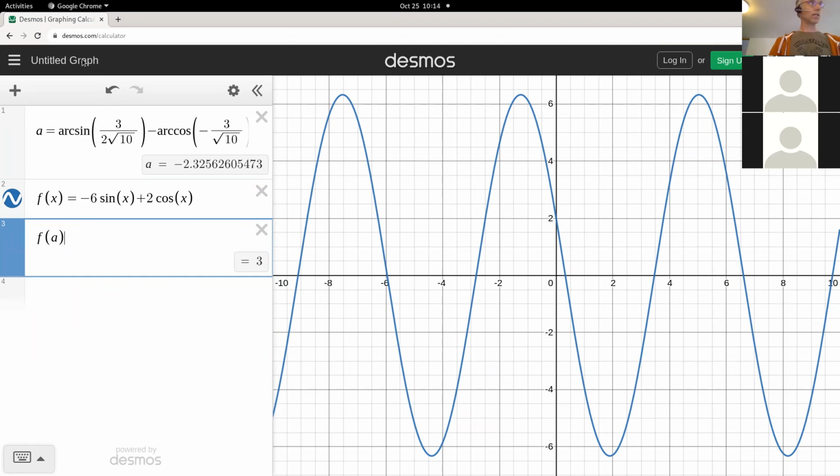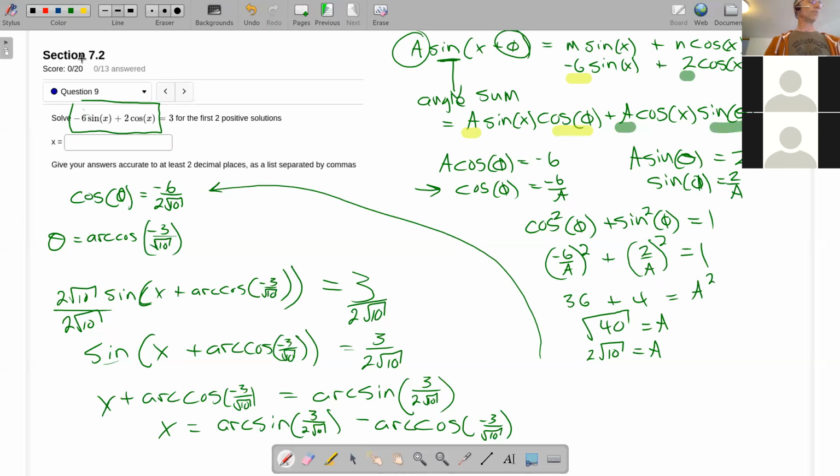So looking back at my work here, we have a sine of x and a cosine of x. Thinking about the period of this for a moment, both of those have a period of 2 pi. We rewrote it as just a sine function, and that's a 1 times x, so the period is still 2 pi.